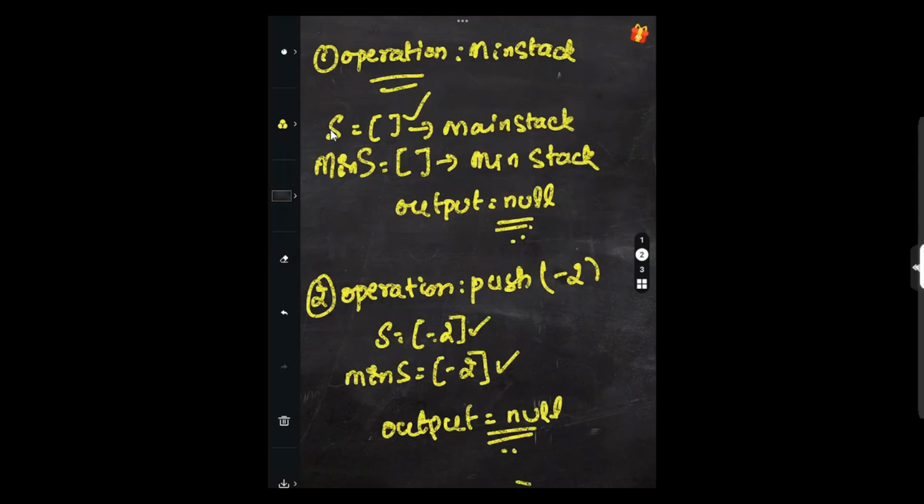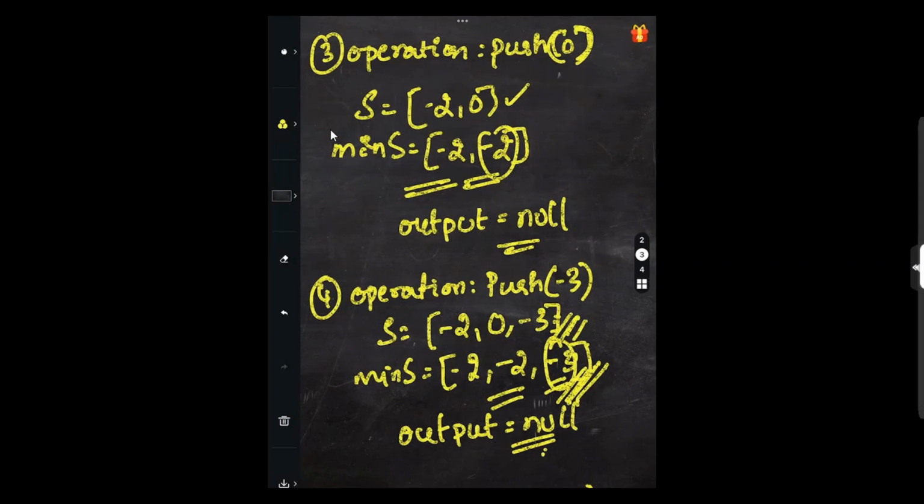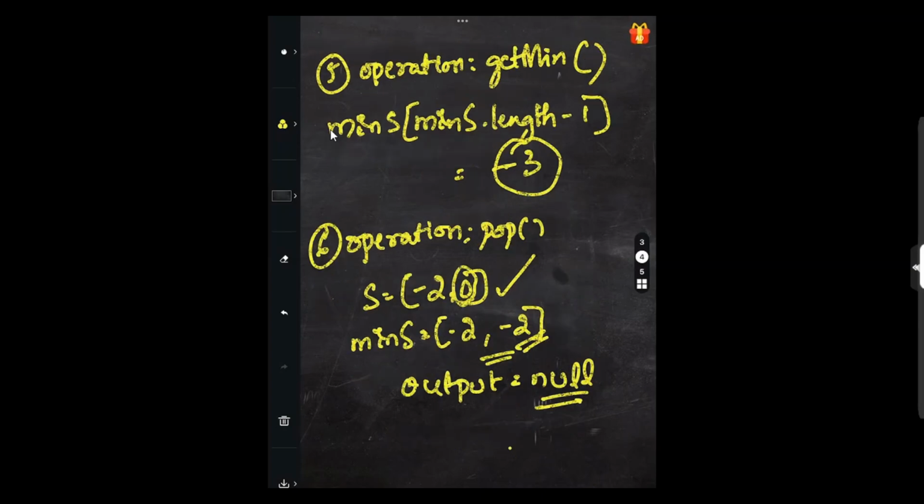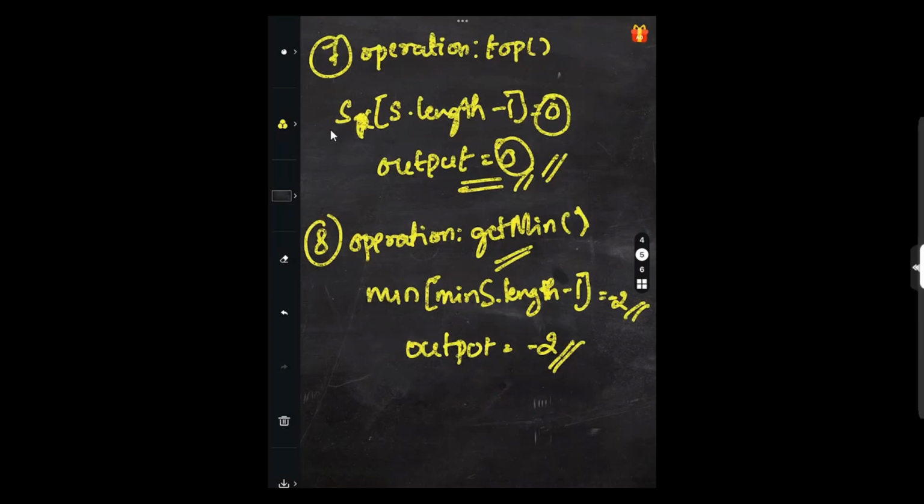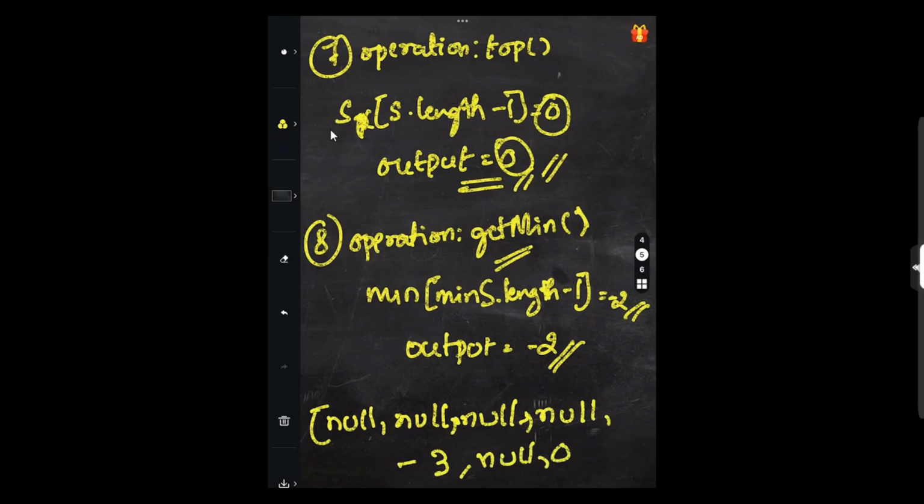So the final output would be here: null, null, 4 nulls, right? 4 null, -3 null, 0 and -2. So the final output here is null, null, -3 null, finally 0 and -2.